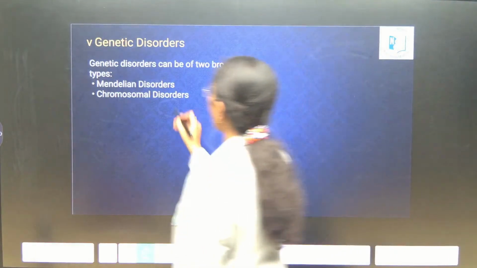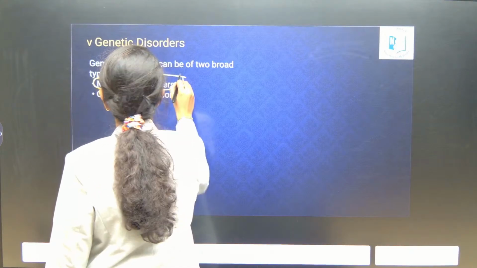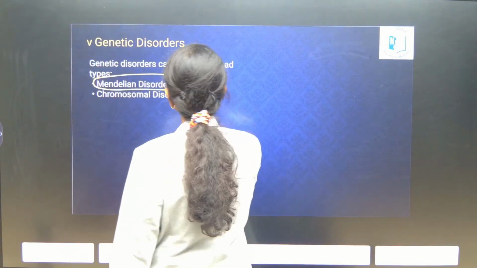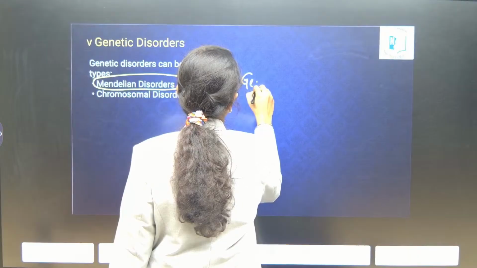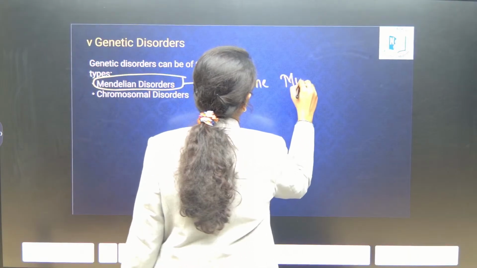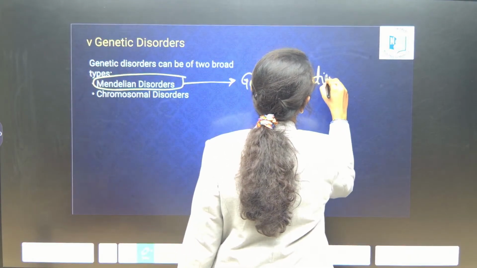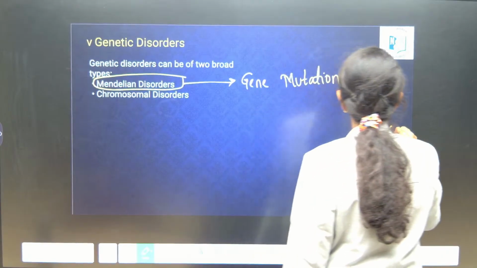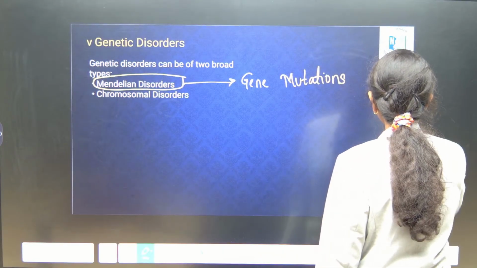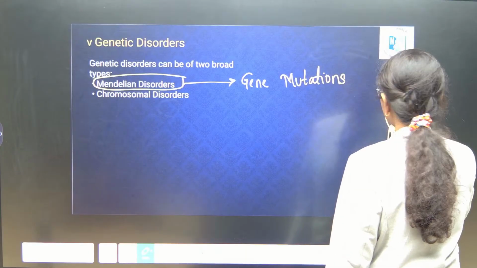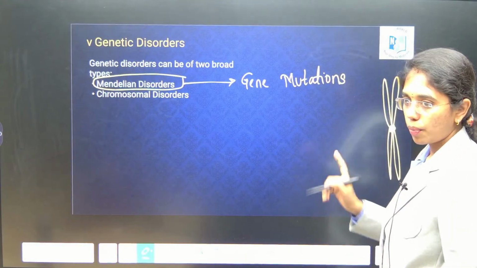First you have to know what are Mendelian disorders. The disorders which occur because of gene mutations. Gene mutations. So you know the condensed form of a chromatin is a chromosome. Yes or no? Chromosome is the condensed form of chromatin.